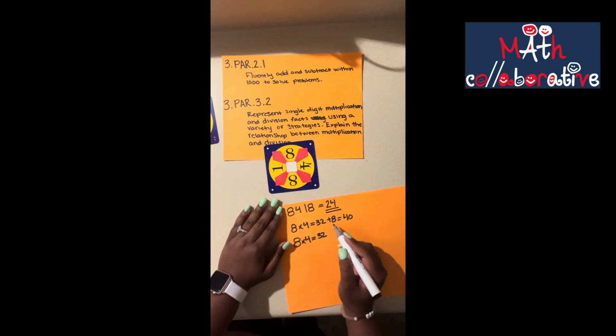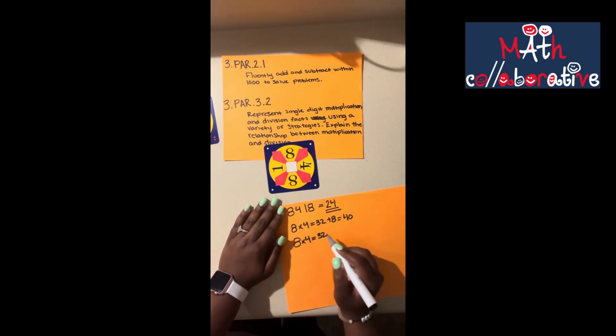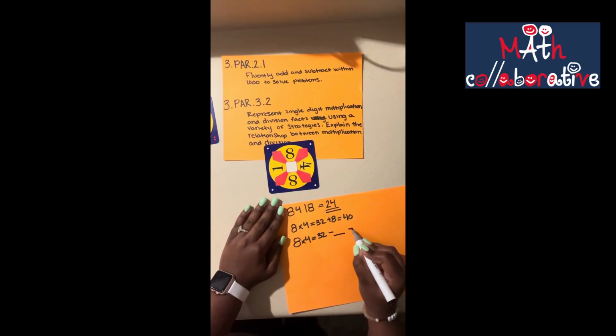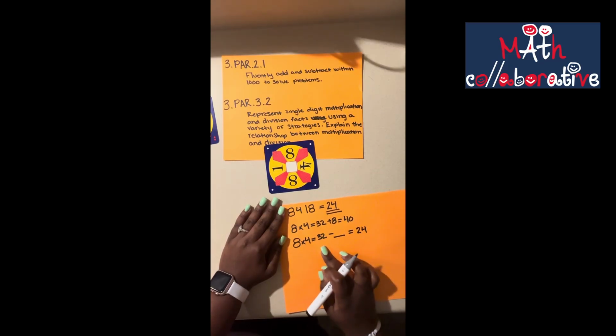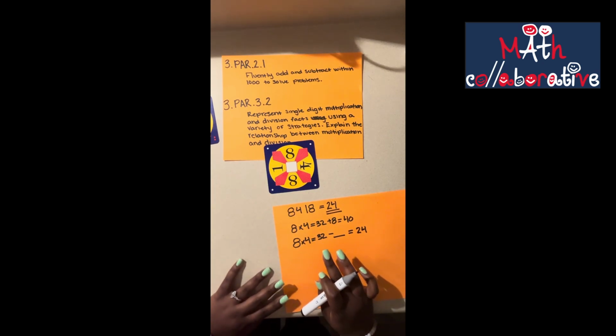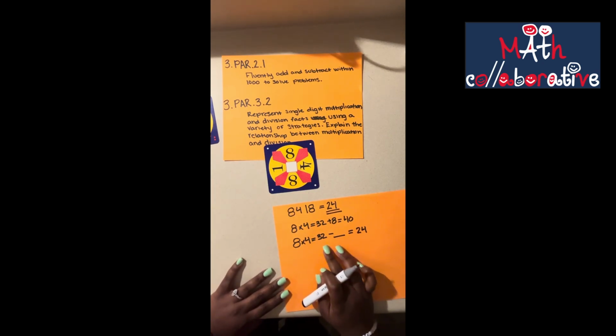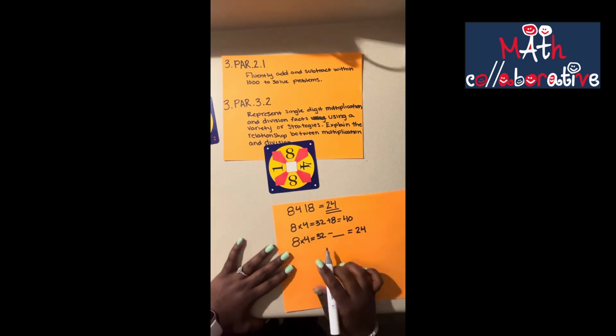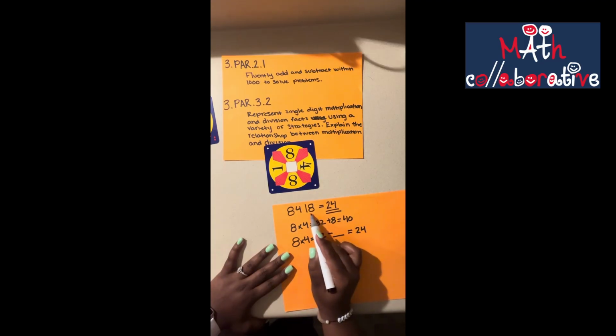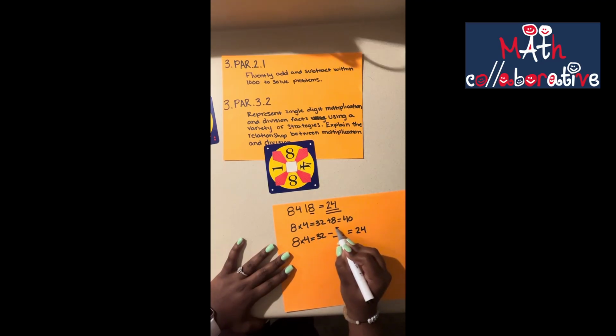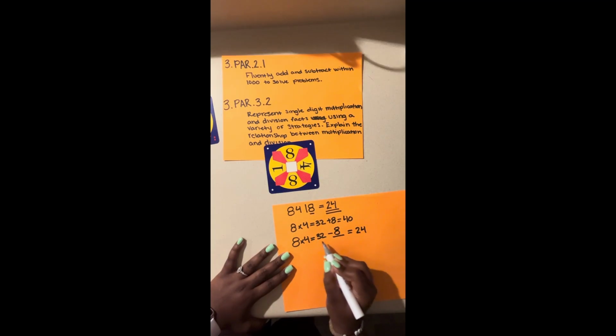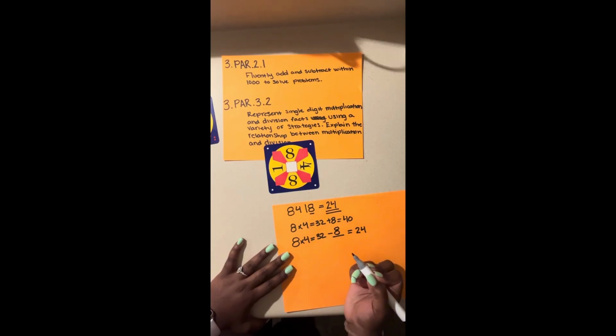So what minus 32 will give me 24? That's when they can use that part-whole method. They can plug in, oh wait, I have an 8 still, and plug that in right here. So 32 minus 8 equals 24.